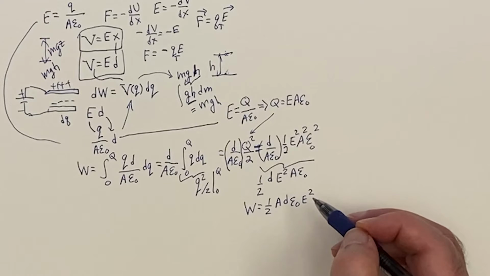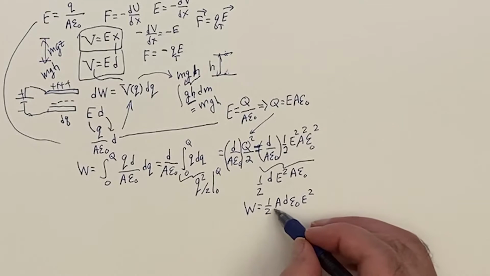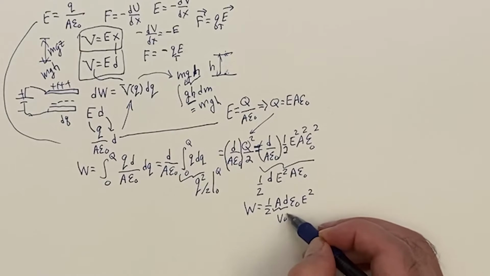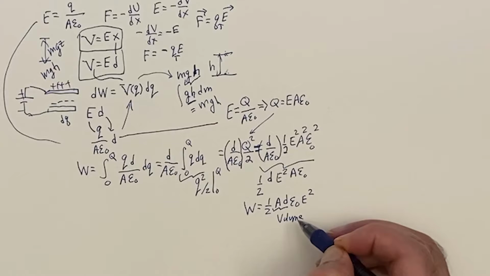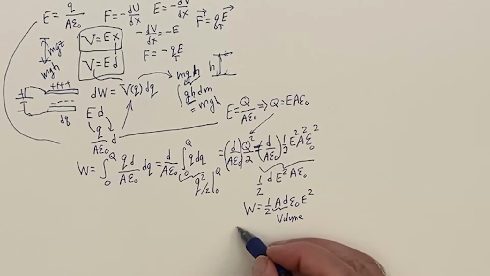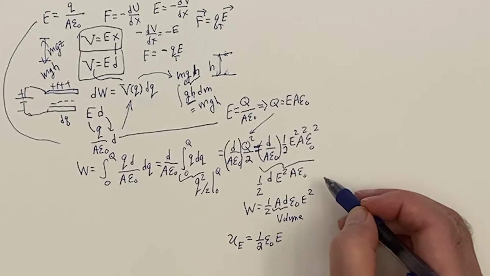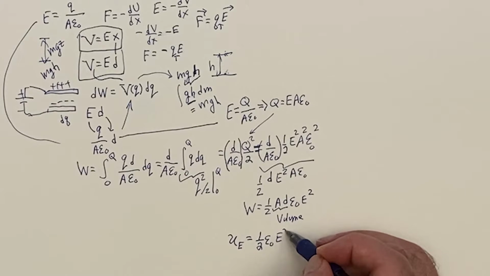And when you look at this, this is a volume, the volume between the plates, and we wanted the density. So that means this is going to be the energy of the electric field per unit volume. I divide by the volume, I get then 1/2 epsilon naught, and this E squared.